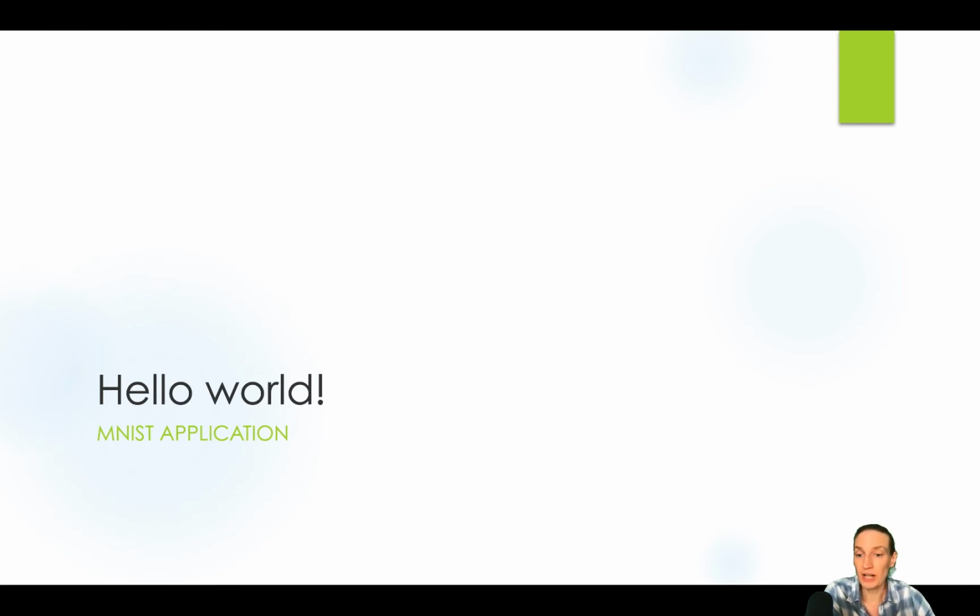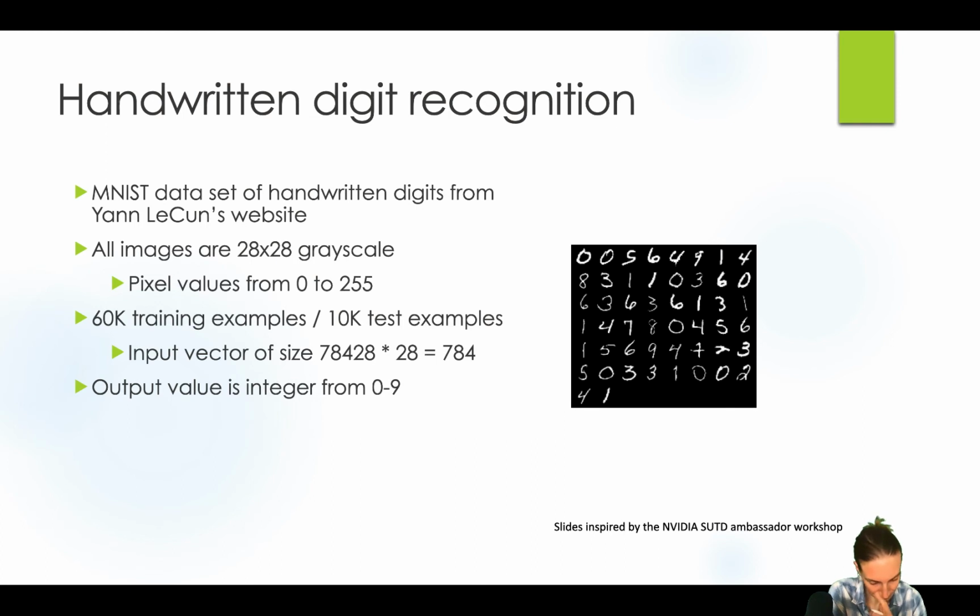Right. So now let's have a deeper look at the MNIST application, which I already briefly mentioned before, which is basically the hello world of machine learning. MNIST looks like this. It is a handwritten number dataset collected in the US Post Office, and it has over 60,000 training examples and 10,000 test samples of different handwritten numbers.